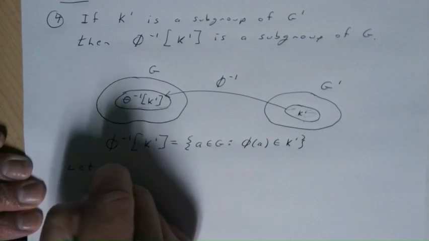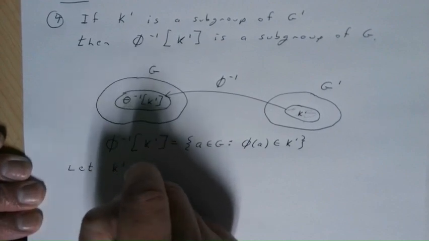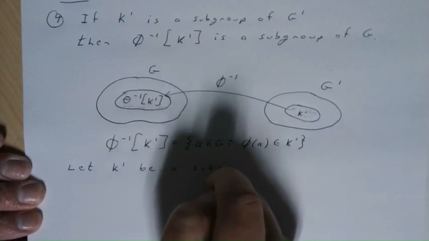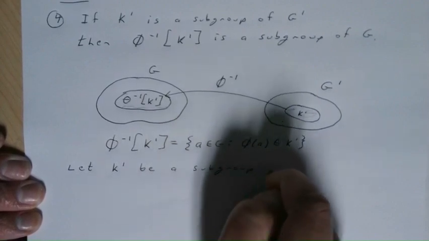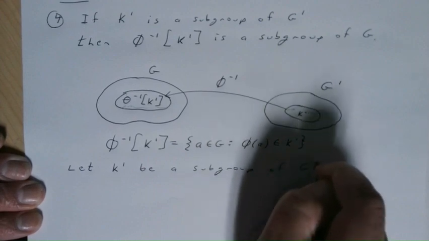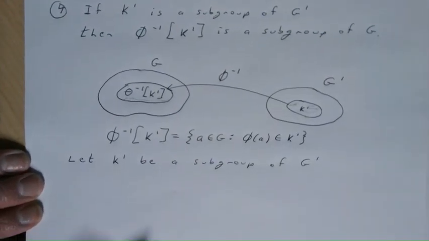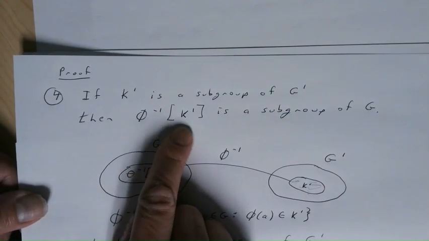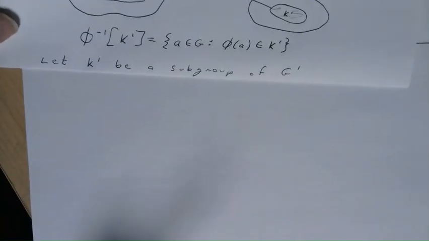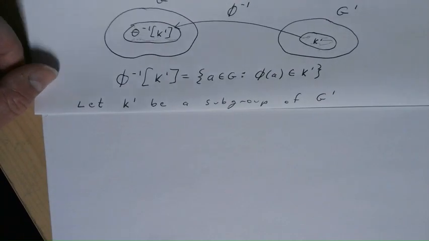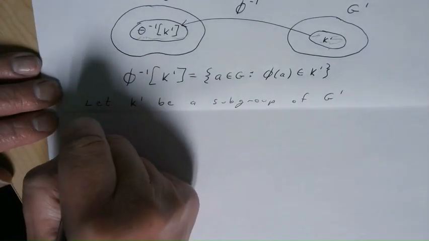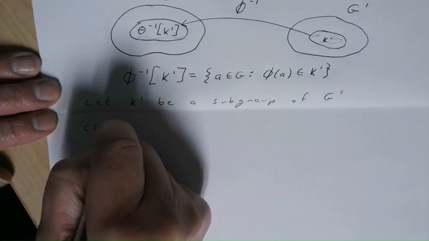So first of all, let K prime be a subgroup of G prime. So we want to prove, again, that phi inverse K prime is a subgroup. So again, we have to go through our steps. We have to start by proving closure. So let's take a look at closure.